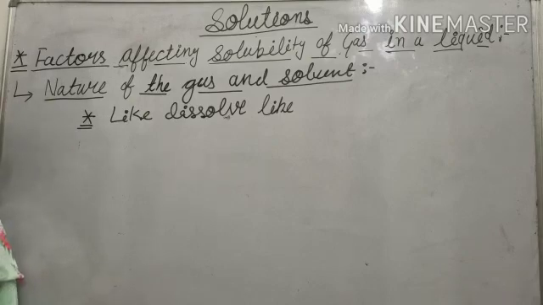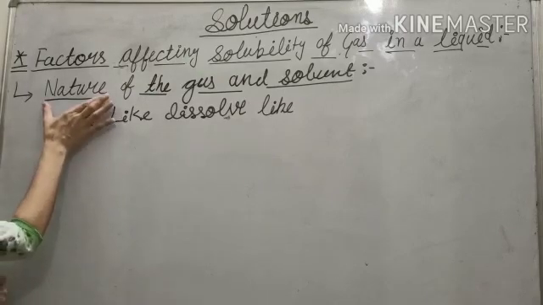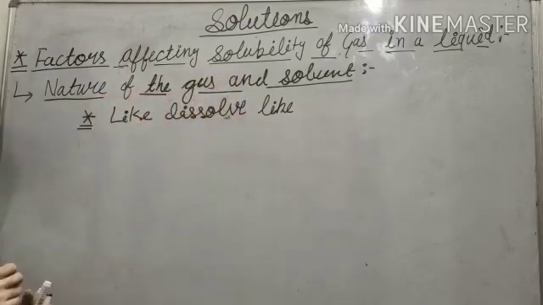As you know that some gases are highly soluble but some are less soluble. Now there are some factors which affect the solubility of gas in a liquid. The first factor is nature of gas and solvent.